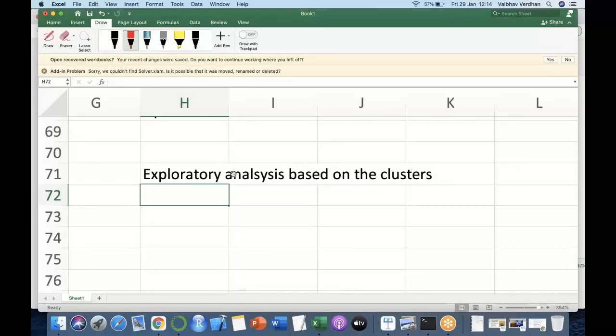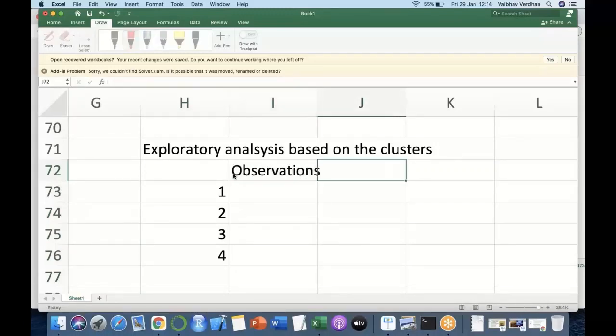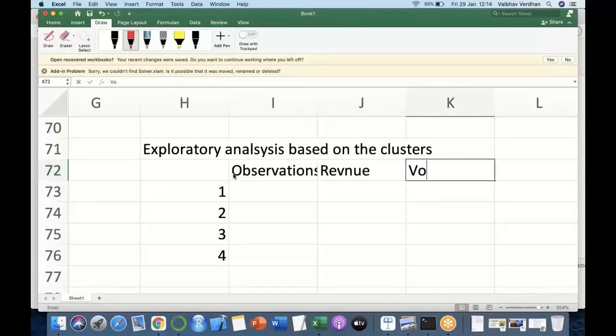That means if I have, let's say, 1, 2, 3, 4 clusters, what is the number of observations in each and every cluster, right? What is, let's say, the average revenue, average number of visits in each and every cluster. And what we would want is, we would want those numbers to be different.